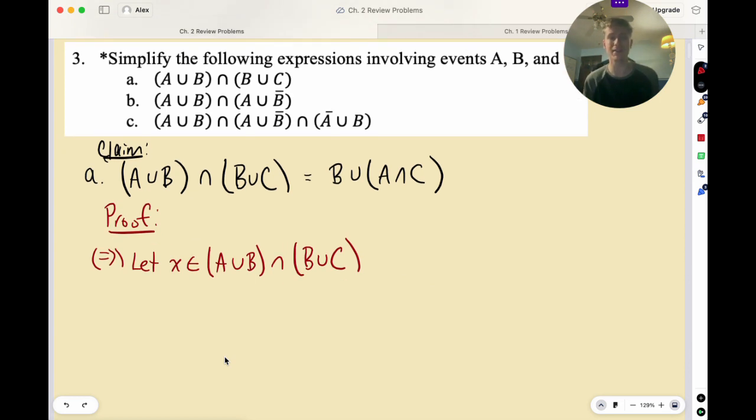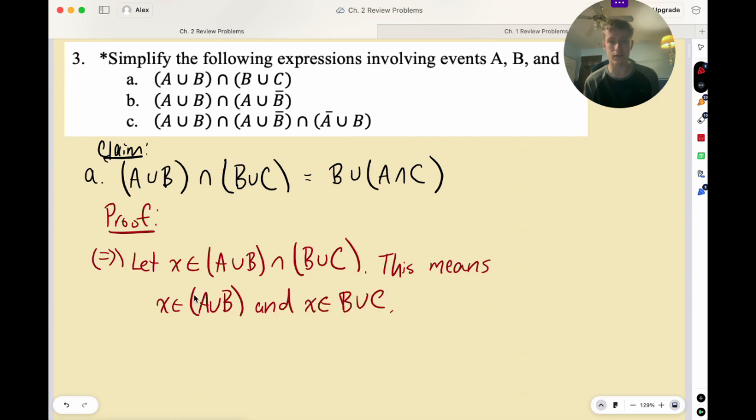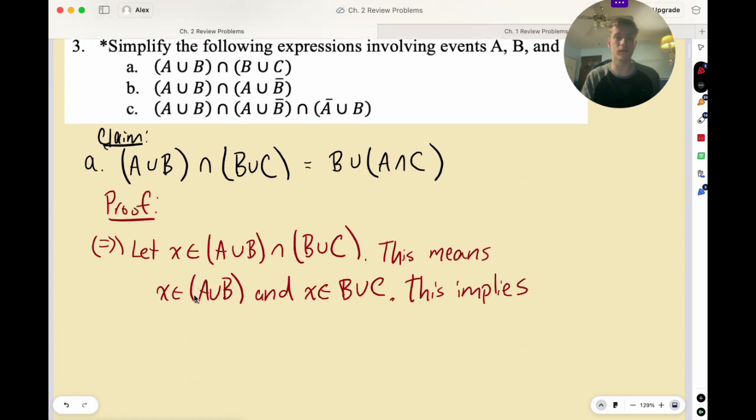Okay, so if x is an element of this intersection, that means that x is both an element of A union B and x is an element of B union C. But this implies the following.